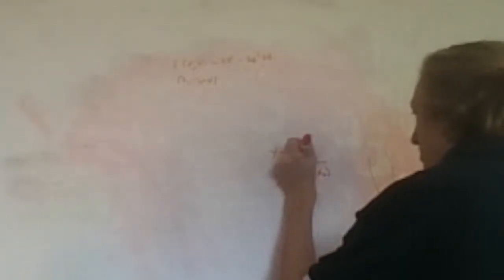So this is m. So x minus x1, which here for x naught was 1. And then plus b is just y naught, right? So plus 2.